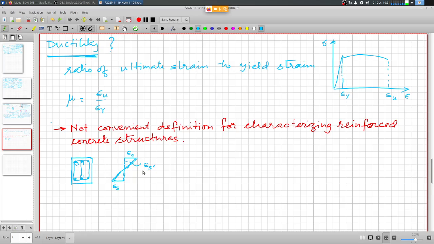This is how the sections are deforming, and we are looking at the ductility of these sections. When we say plastic hinge, it is the plastic hinge that is developing over this section, and it has to flow.